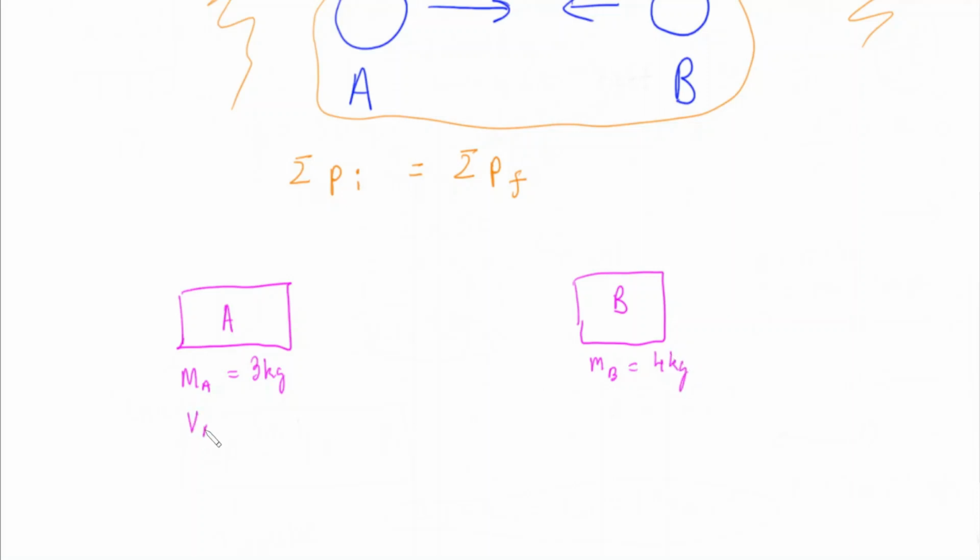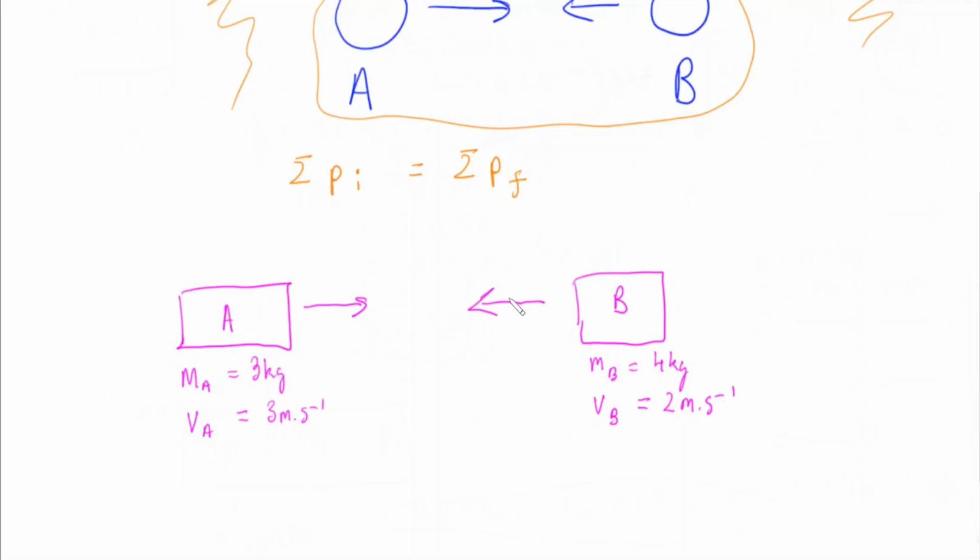The velocity of A is equal to 3 meters per second, and let's say the velocity of B is equal to 2 meters per second. And let's say they're on a collision course toward each other, so A is traveling toward the right and B will be traveling towards the left.